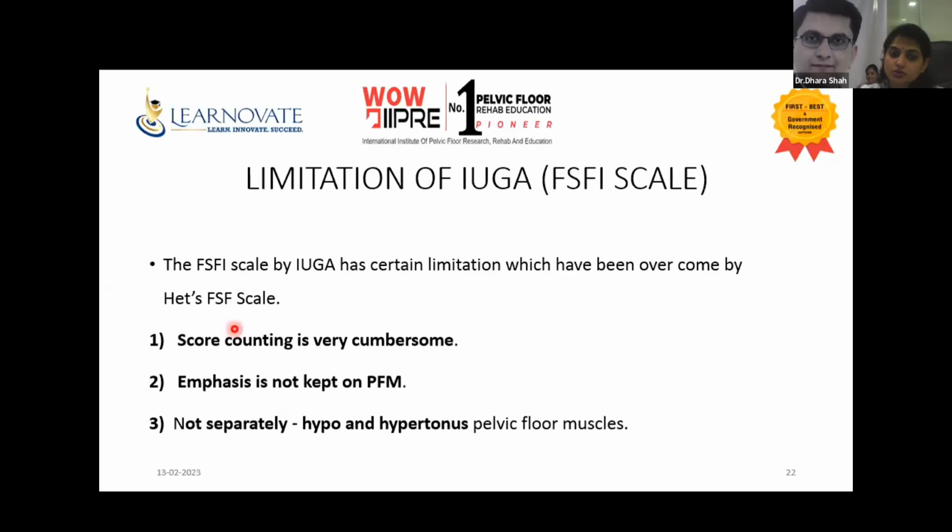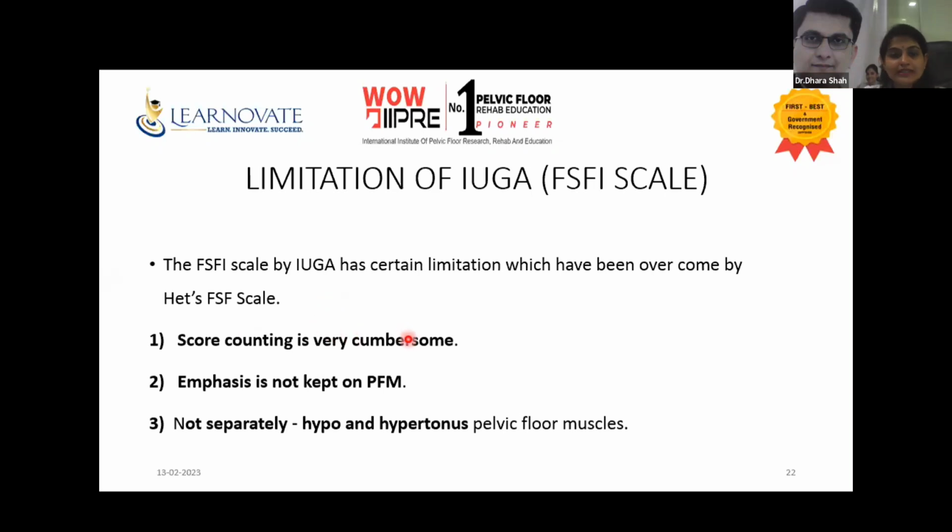Okay, so there is the FSFI scale through IUGA, the International Urogynecological Association, but it is a 19-question scale, and every question has its own score number to multiply. The statistical analysis of the scale is quite cumbersome. You have to multiply each with its own component, and then add it up to get a final outcome.